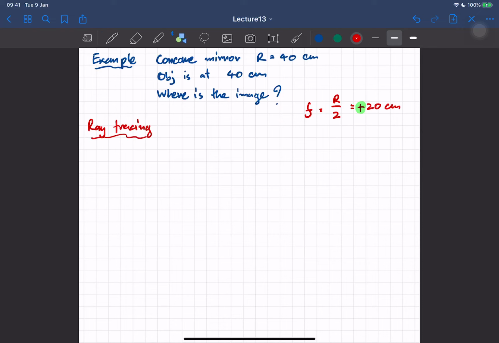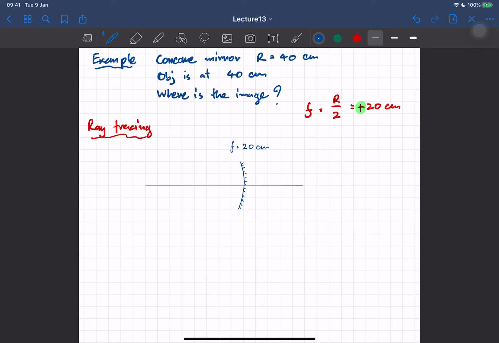As always, we start with an optical axis somewhere here. And now the mirror is going to be, let's say, here. Let's put some eyelash here. And then F is going to be 20 centimeters.